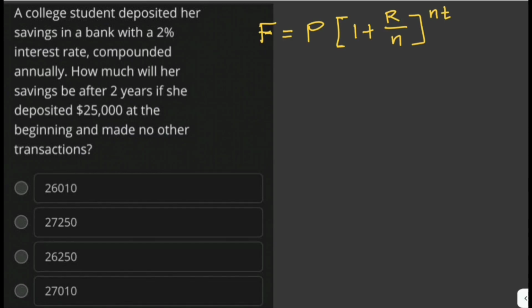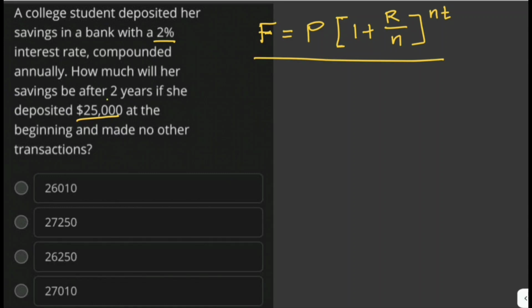Now, to solve for the future amount of money, given the principal amount, which is $25,000, we just have to use this formula where R here is the rate, and it's given here that the interest rate is 2%, and N here is the number of times it is compounded in 1 year, and T is the number of years.